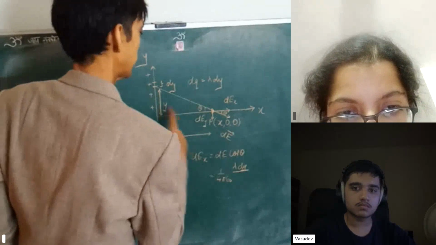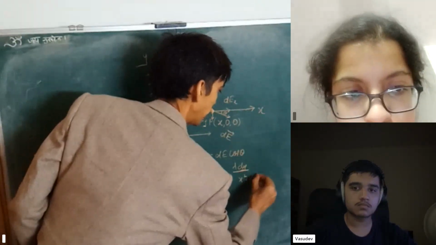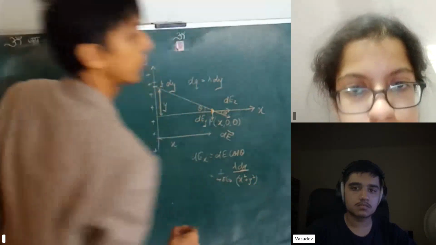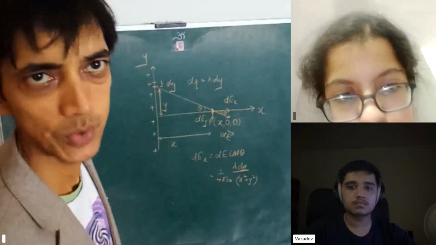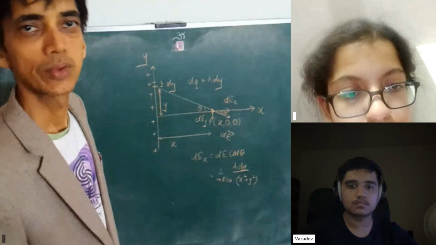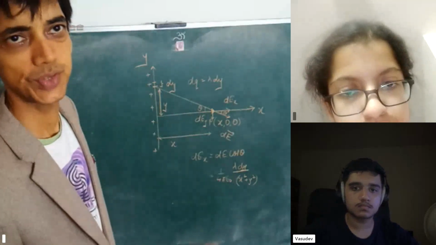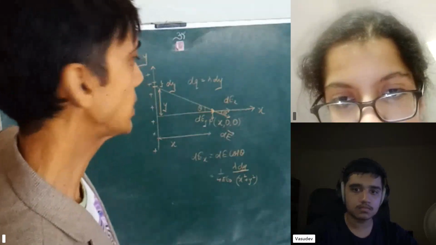This is x, this is y. So x squared plus y squared raised to the power half, and then we have to square it, correct? For field, we'll have to square it, correct? Correct, Vibhan? Yes, sir. So half I have taken for distance and squared it. I'm getting that quantity out there. This should be multiplied with cos theta.